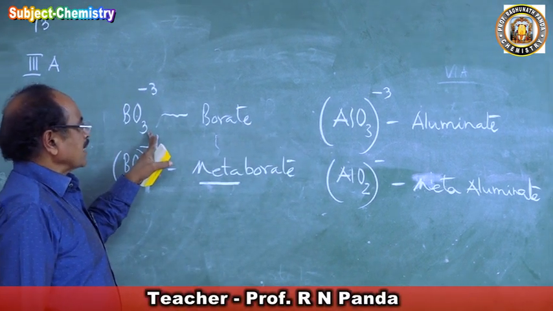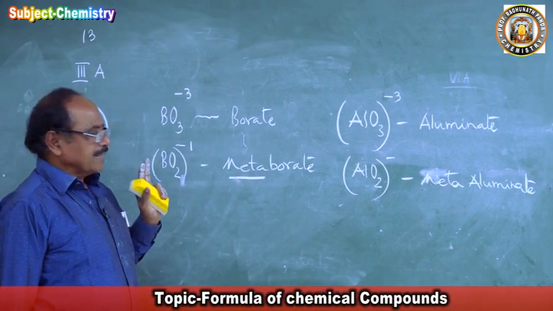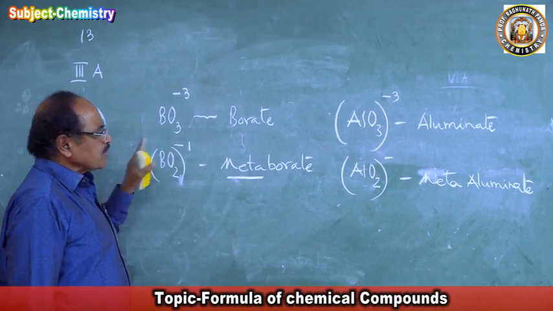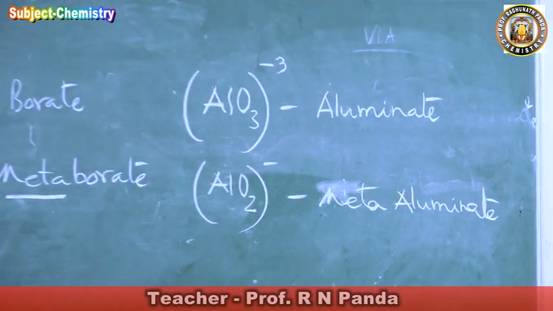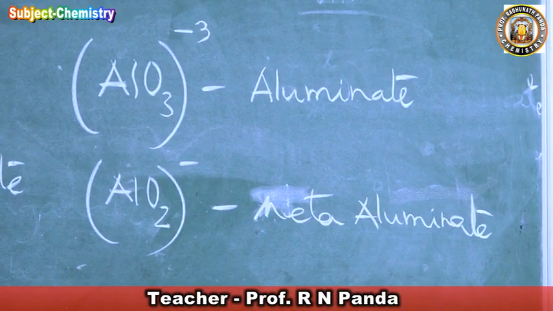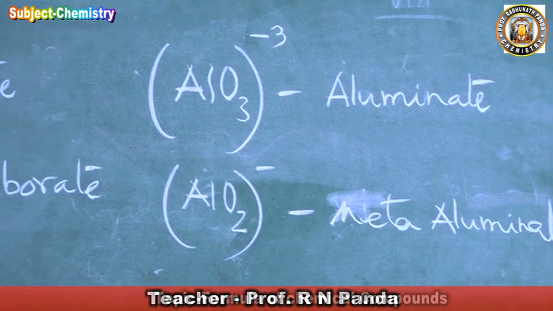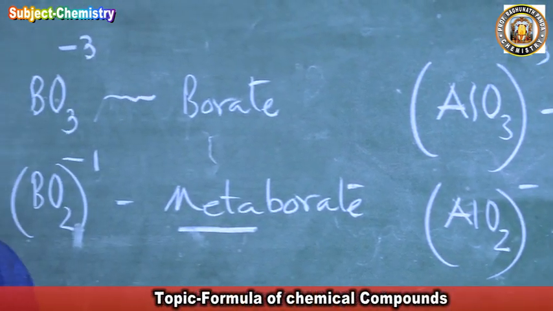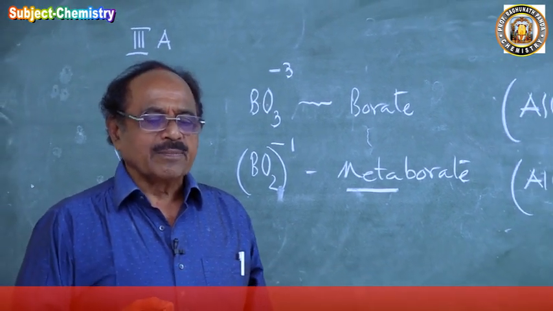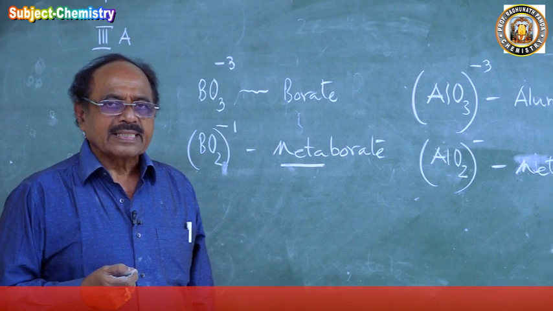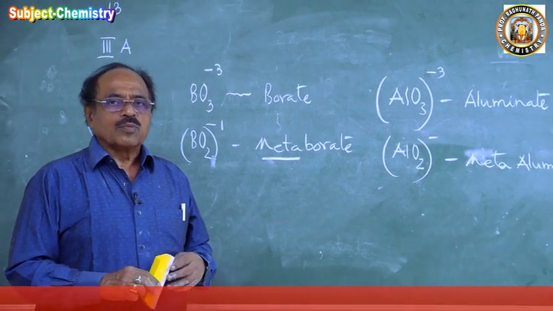Boron forms borate, aluminium forms aluminate. It forms BO2 minus 1. I have told you the elements belonging to a group exhibit similar physical and chemical properties. Since boron and aluminium are placed in the same group of the periodic table, they will exhibit similar properties.